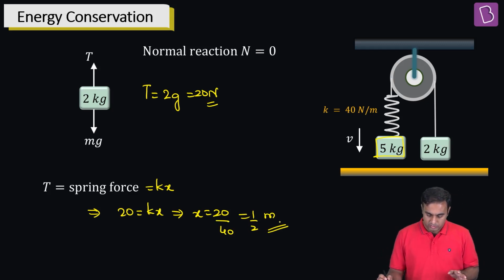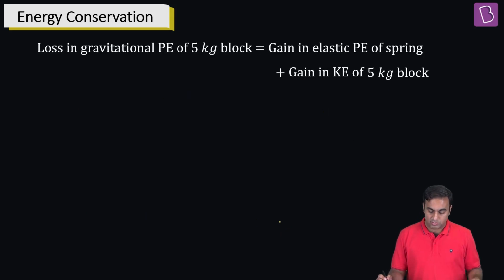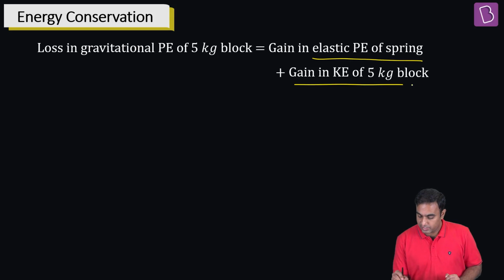Now that we know the extension produced in the spring, let us look at application of the conservation of mechanical energy principle. Well, when the 5 kg mass comes down by half a meter, the spring gets extended by half a meter, and that results in the loss in the gravitational potential energy of the 5 kg block, which gives an increase in the elastic potential energy of the spring and an increase in the kinetic energy of the 5 kg block.